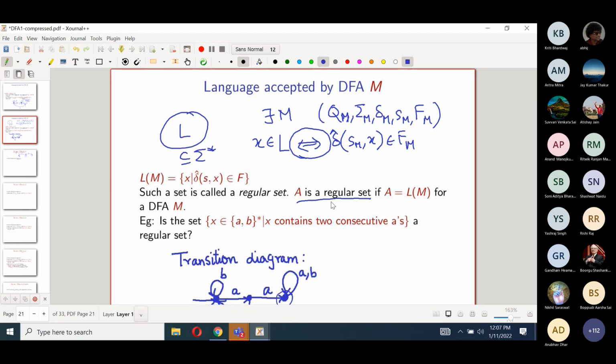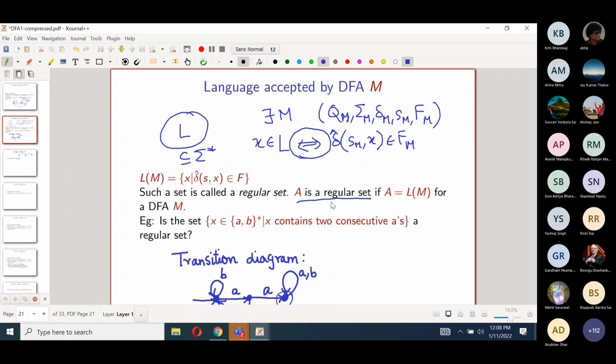Okay, maybe that is the question, whether any language has a DFA or not. That is not true. We are going to see specific examples of languages that do not have DFAs accepting them.